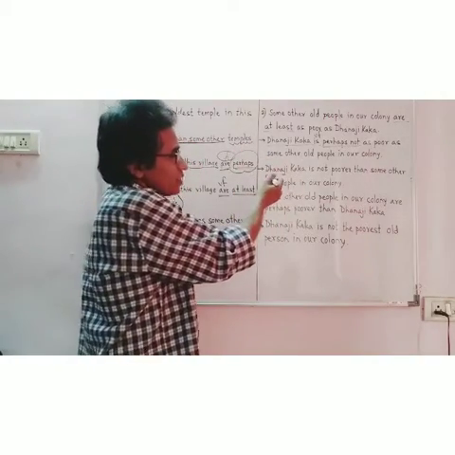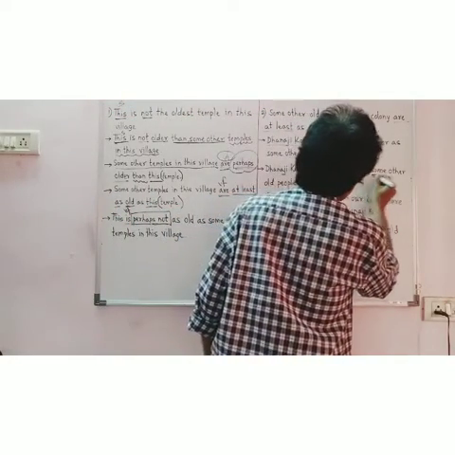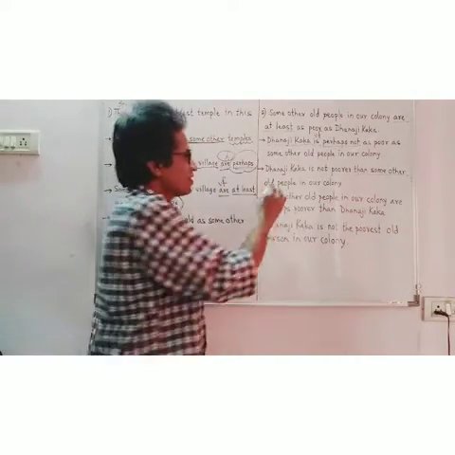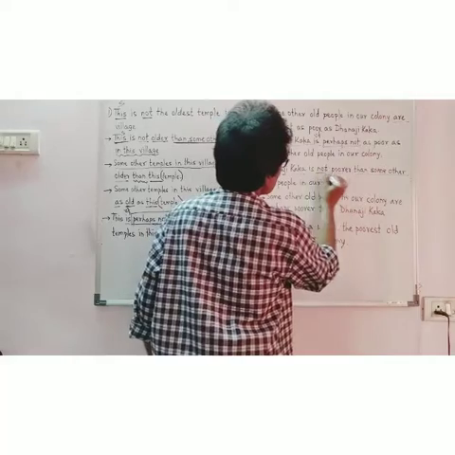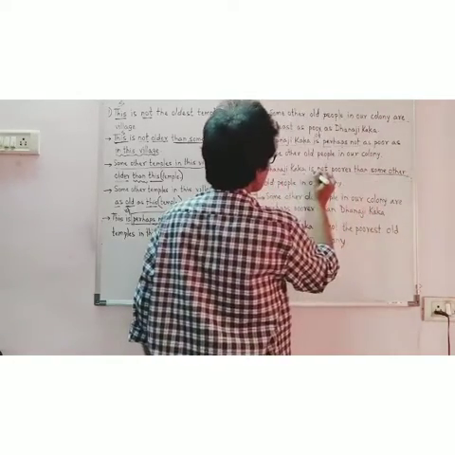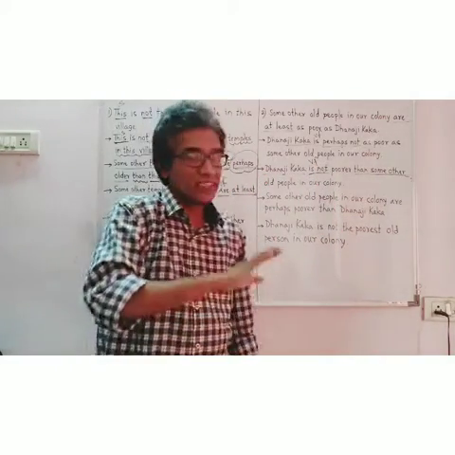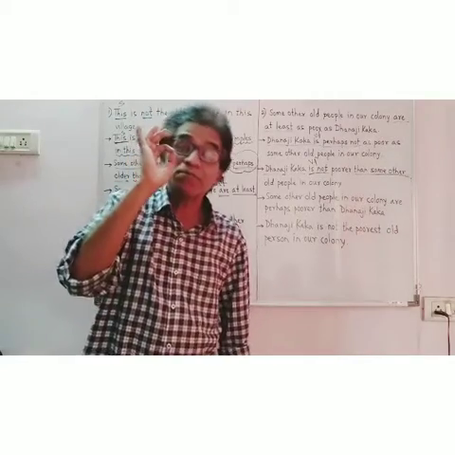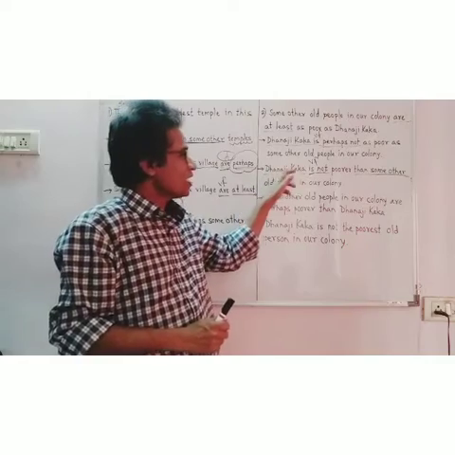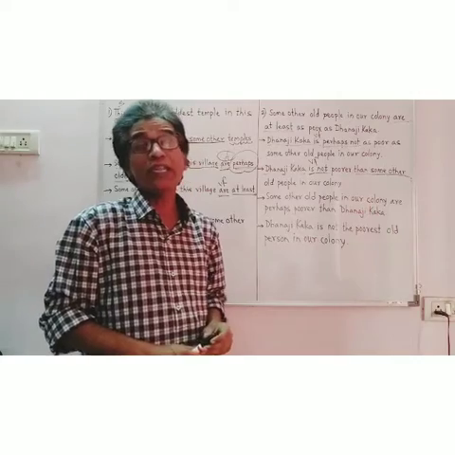Now let's have a look here. It has got "then some other", and it begins with subject. One more word you have to remember: not, and then some other. Not comes after verb form, and if not is there, then some other is there, then it is a comparative degree structure beginning with subject. Dhanaji Kaka is not poorer than some other old people in our colony.